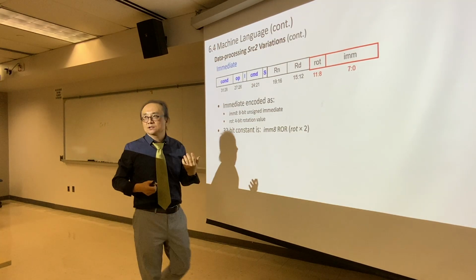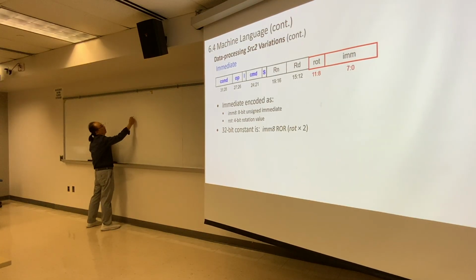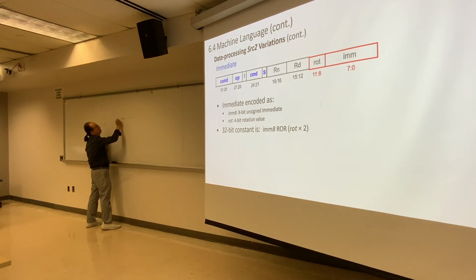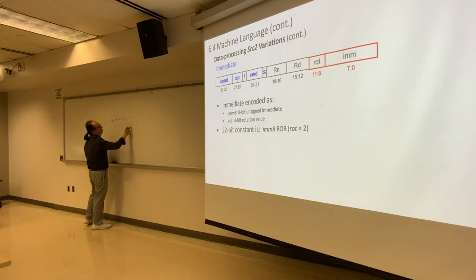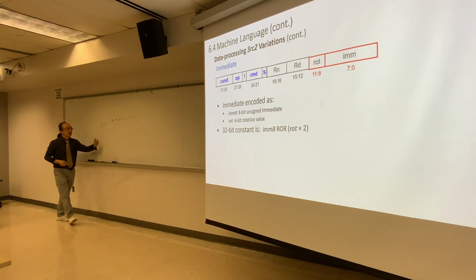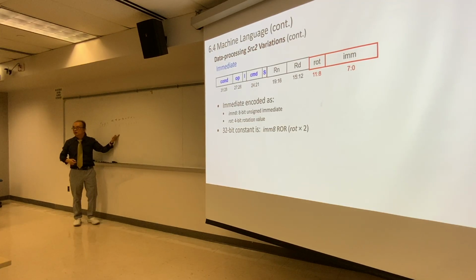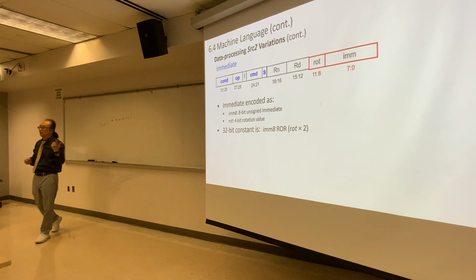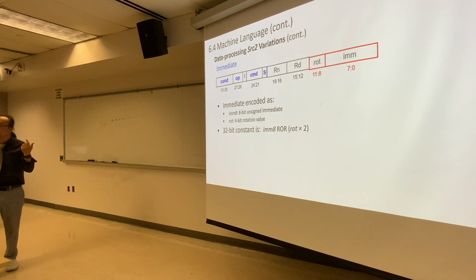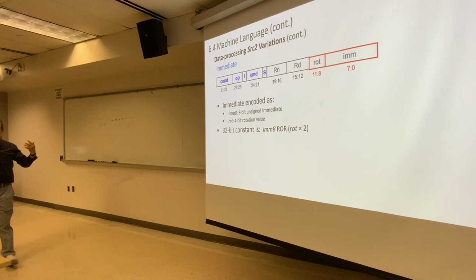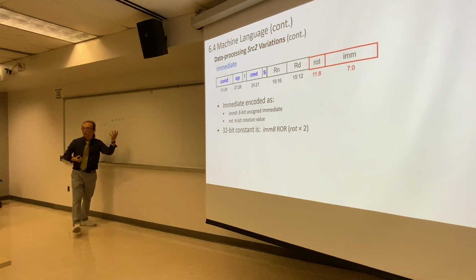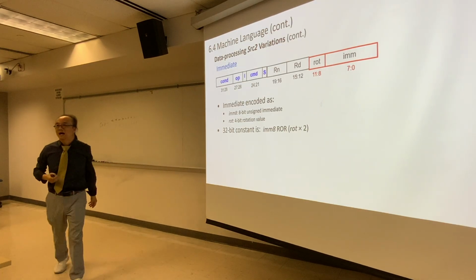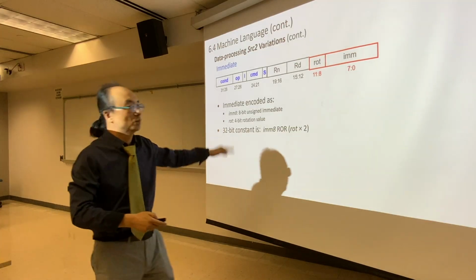So anything larger than 256: we have 1, 2, 4, 8, 16, 32, 64, 128, and then 256. With these 8 bits, 1, 1, 1, 1, 1, 1, 1, 1, 255 is the largest that we can fit in as an immediate value. Anything greater than 255, so greater than or equal to 256, we have to use rotate. So we're going to rotate this to represent the higher number. We'll talk more about that.